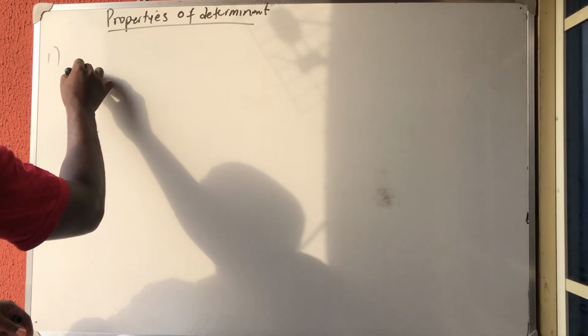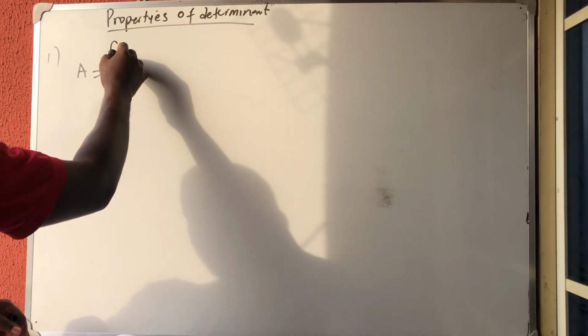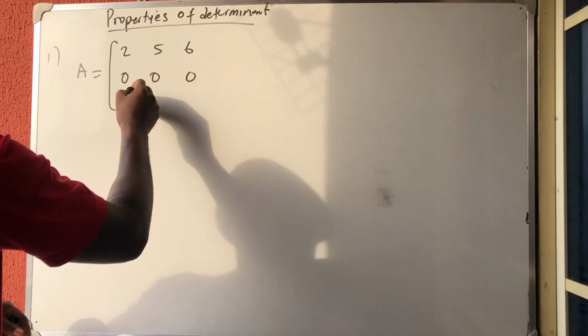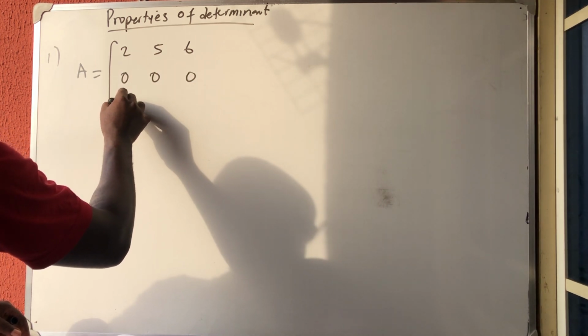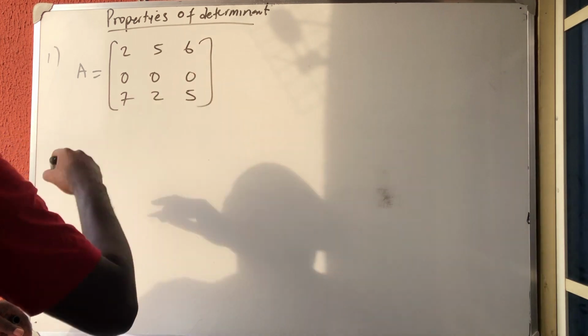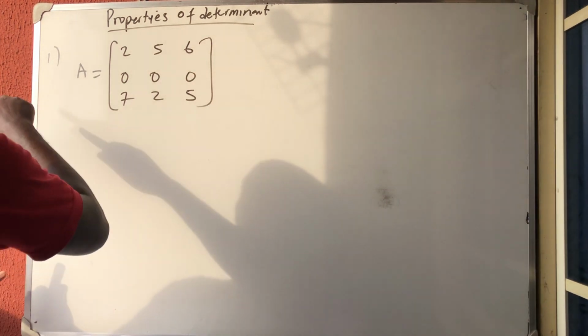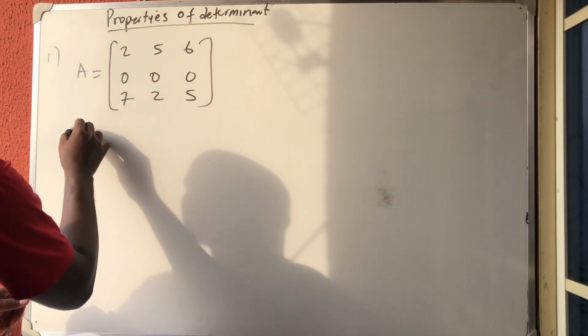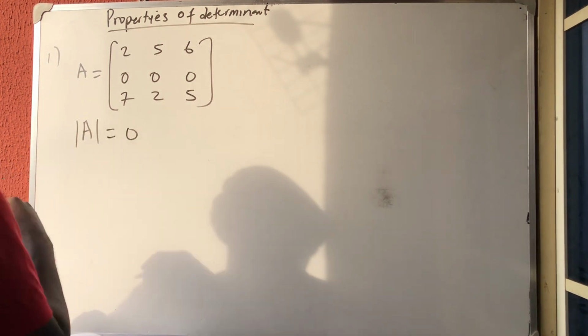For example, if I have A equal to 2, 5, 6, then anywhere I like a row of 0s, then 7, 2, 5. Once I see 0 in a complete row, then the determinant must be 0. You don't need to solve anything.